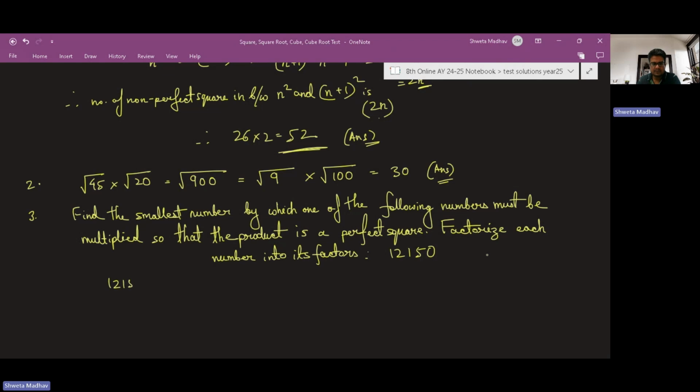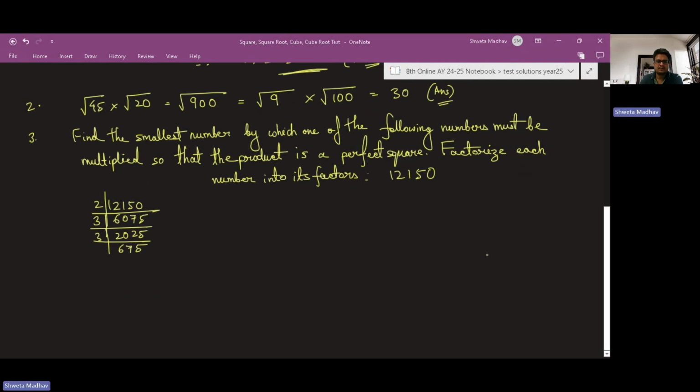So we have to do the prime factorization of 12,150. Dividing repeatedly by 2 and then by 3 several times, and finally by 5 twice.